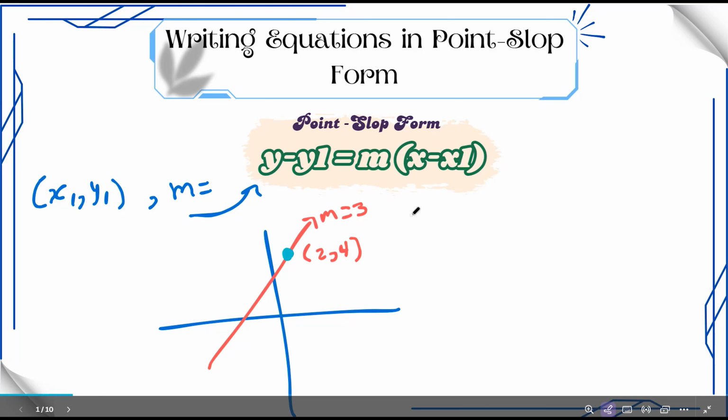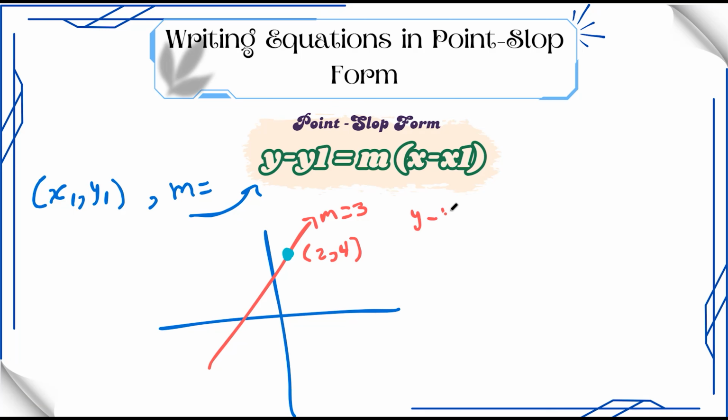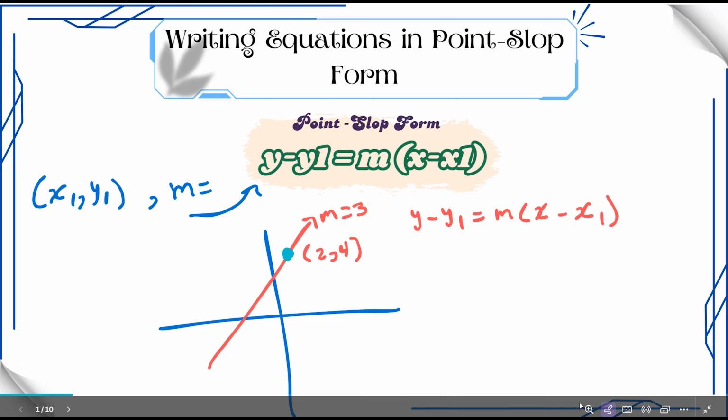First, write the formula: y minus y1 equals m multiply x minus x1. The second step, you substitute. We said we need a point and a slope. This is x1, y1. Let's substitute here.